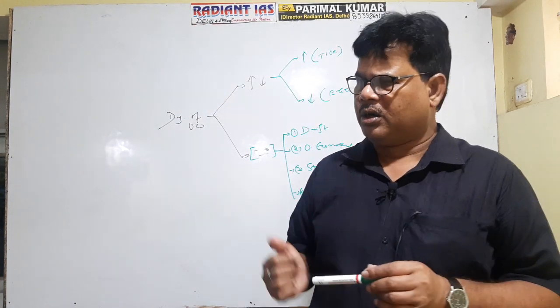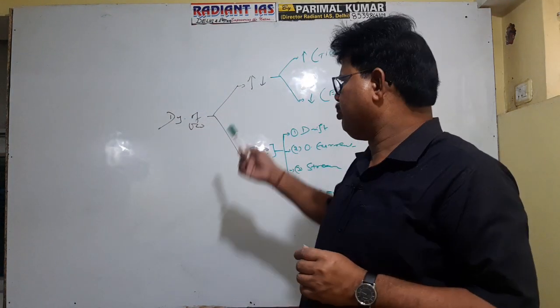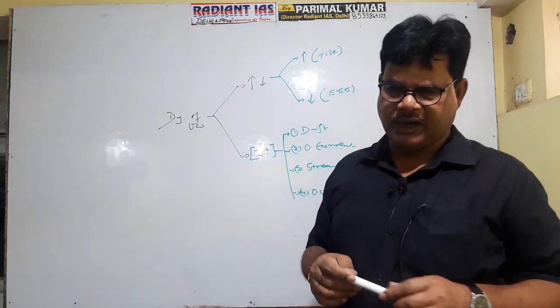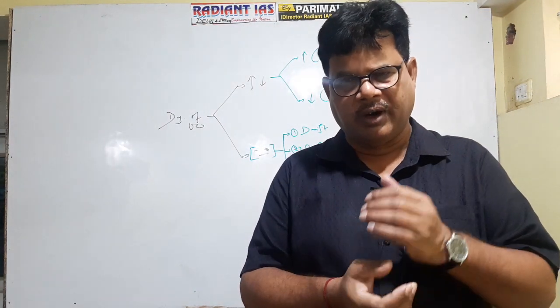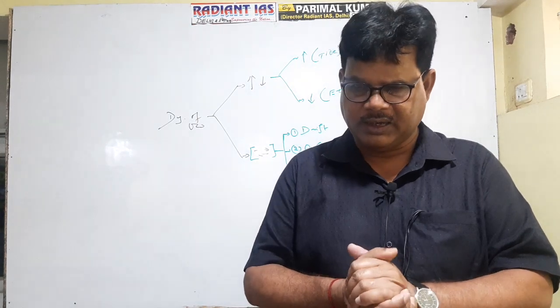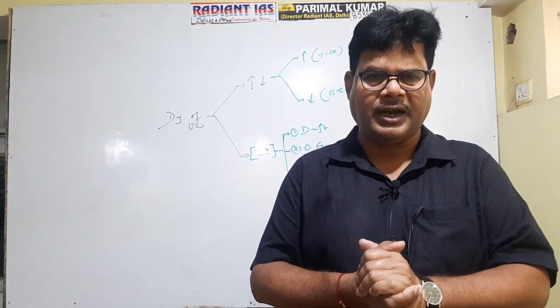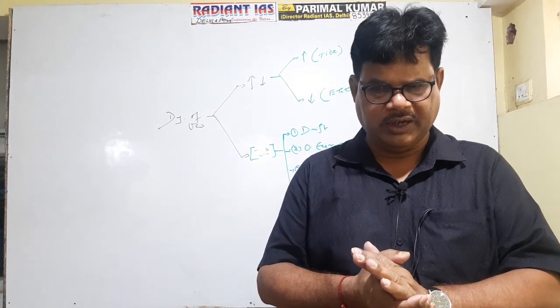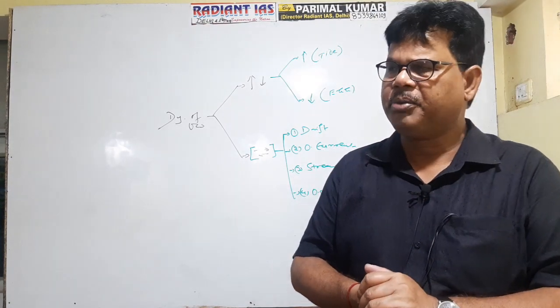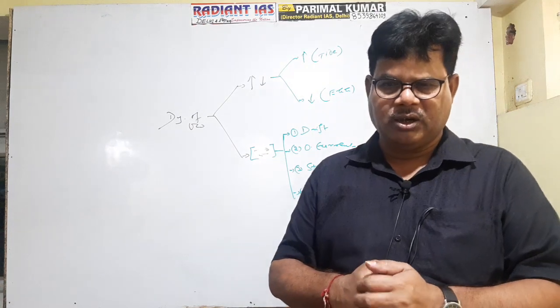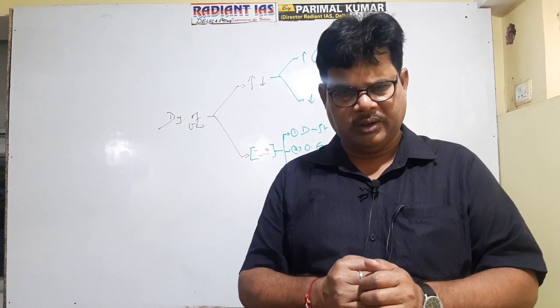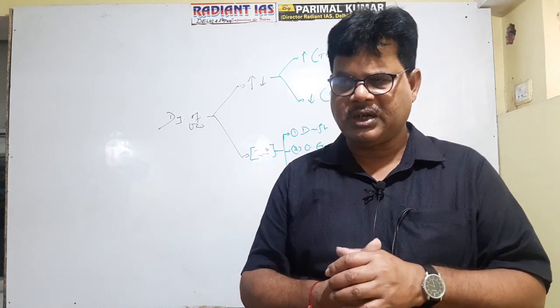I said that the vertical movement is referred to as tide and ebb. The vertical rise and fall of oceanic water is referred to as tide and ebb respectively. Again repeating, the vertical rise and fall of oceanic water is referred to as tide and ebb.